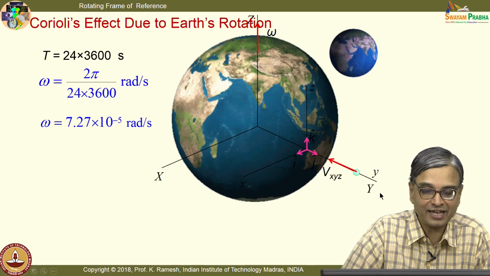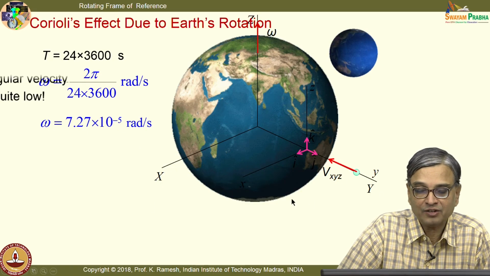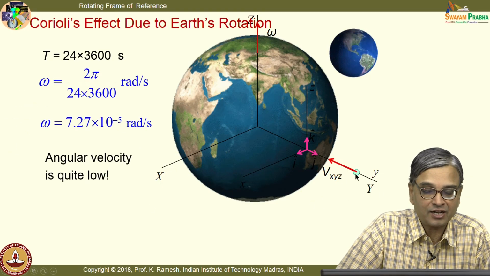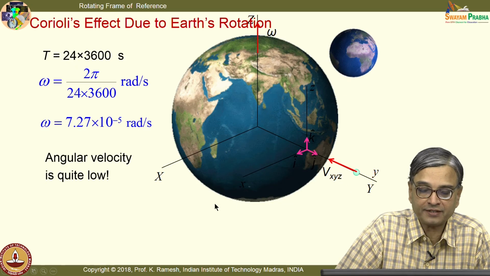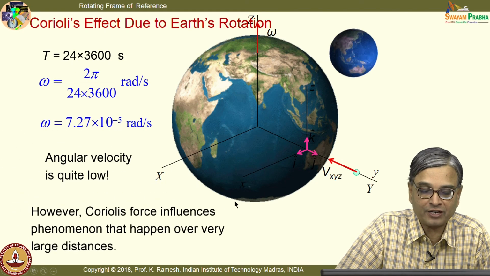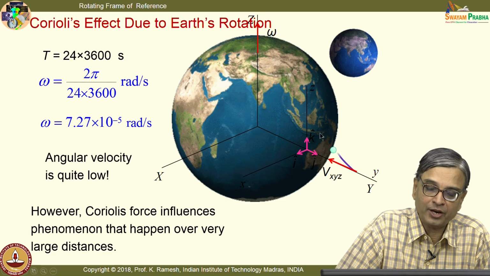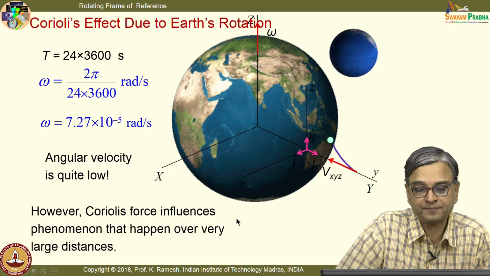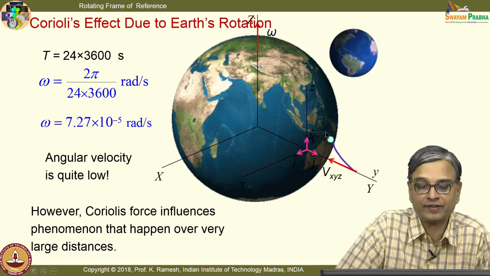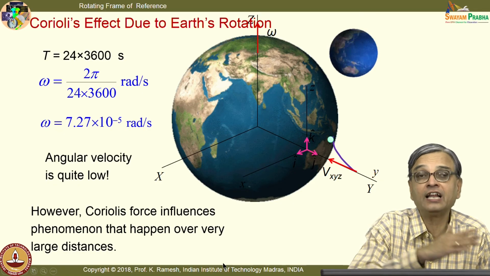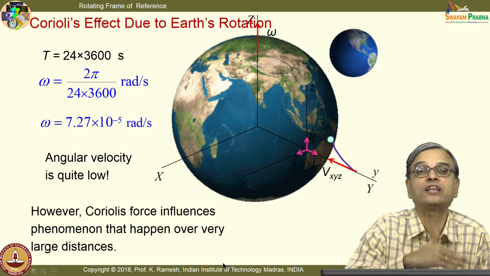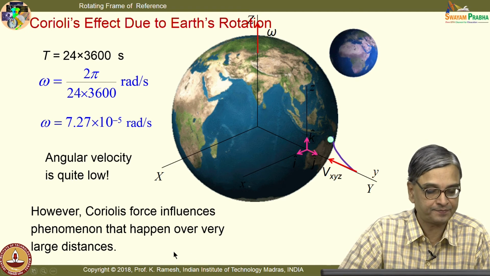And whenever there is a falling object, if you do not take the Coriolis effect into account, it would deviate, and you should account for this deviation depending on what kind of analysis and what kind of gadgets you want to devise. So, it influences over very large distances; you cannot ignore the Coriolis effect.